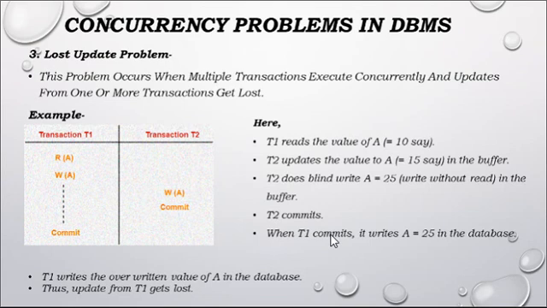T1 overwrites the value of A, and thus the updated value from T2 is lost, because T2 had updated the value to 15 and now there is no 15 value, as transaction T2 had performed a blind write. What is a blind write? A blind write is performing a write operation without reading a value.